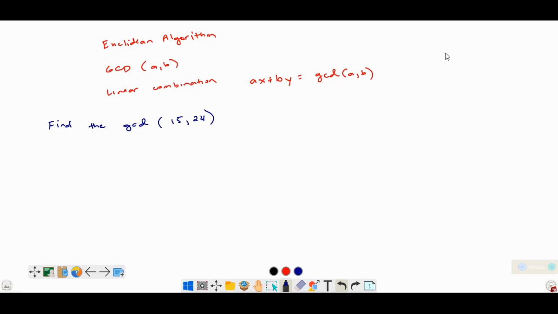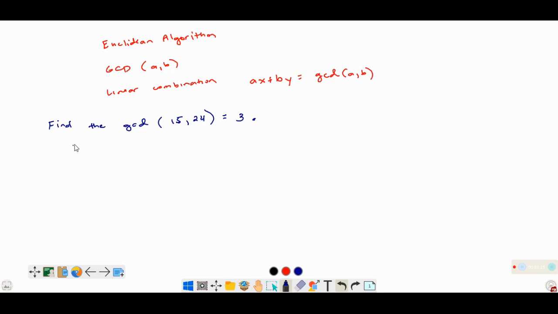Using other methods, you can use prime factorization or simply visual inspection or simple analysis of the two given numbers, and you can come up with the GCD. It is pretty obvious since you have relatively small numbers that the GCD here is equal to 3. But again, let's use the Euclidean algorithm in finding the GCD of these two numbers.